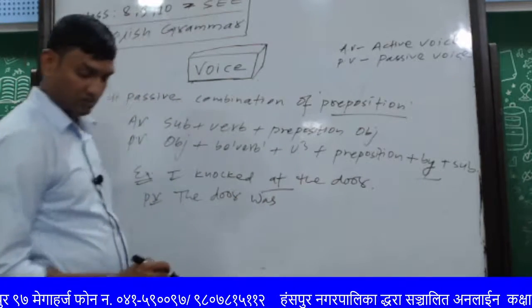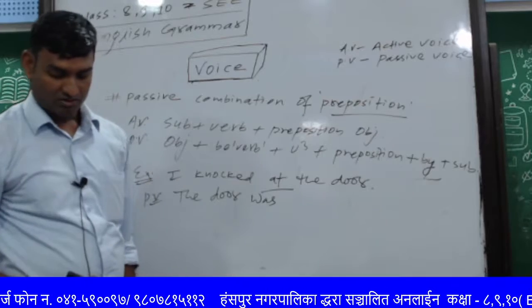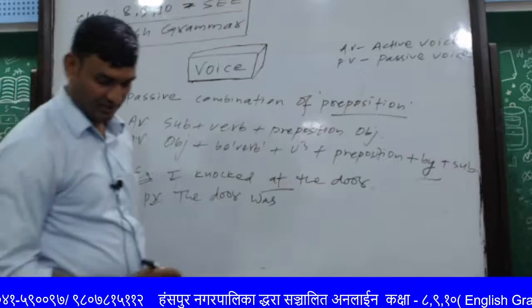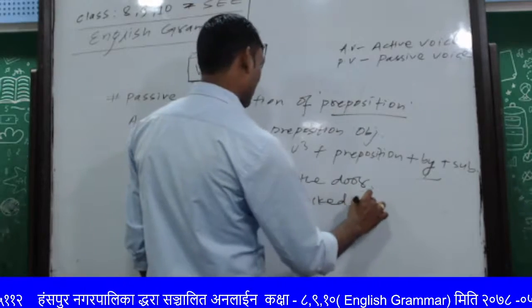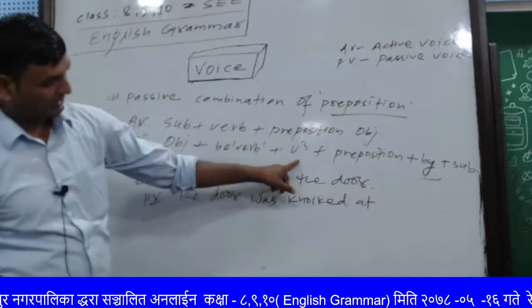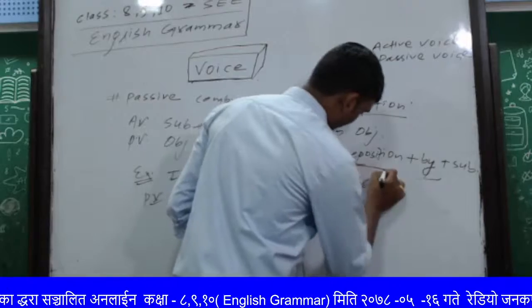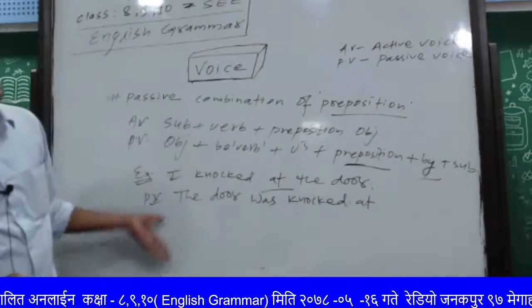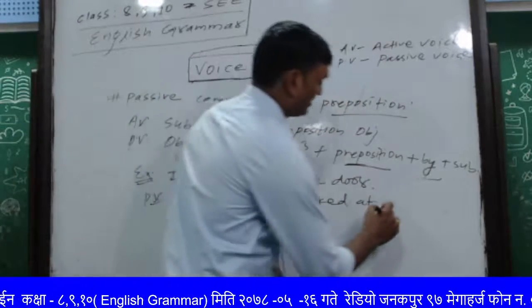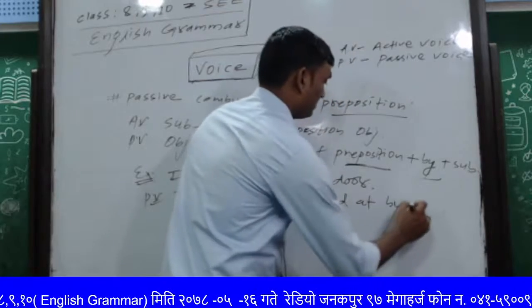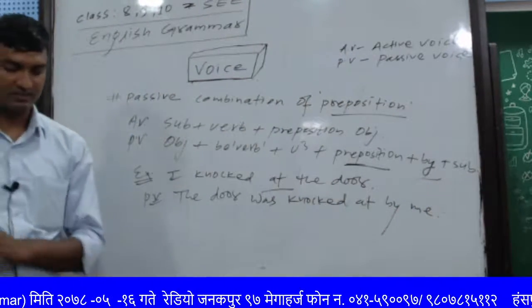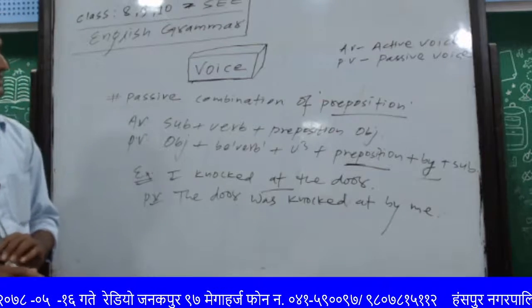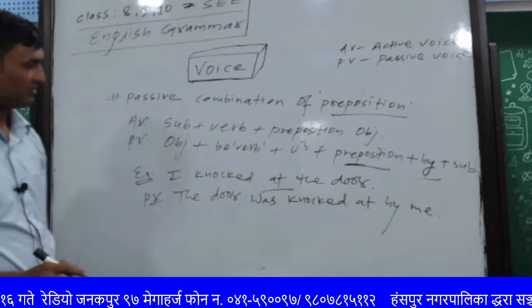The door was, then V3 knocked, then at. After V3, the preposition at is written, after at again the by preposition: at by me. I changes into me in the objective case. In this way we can change.